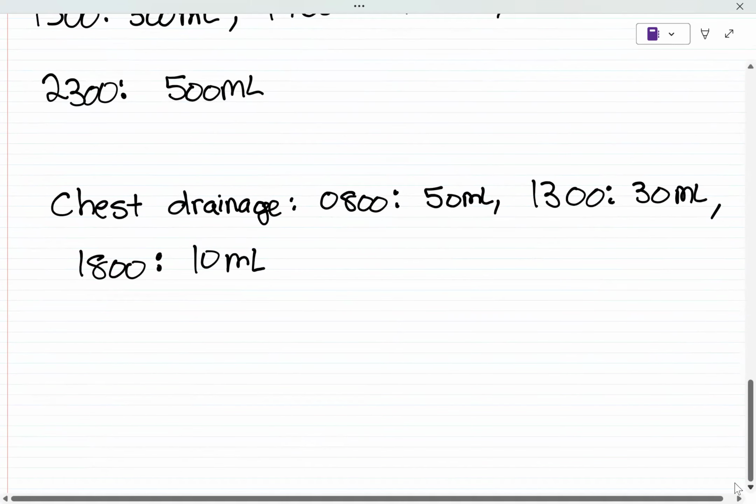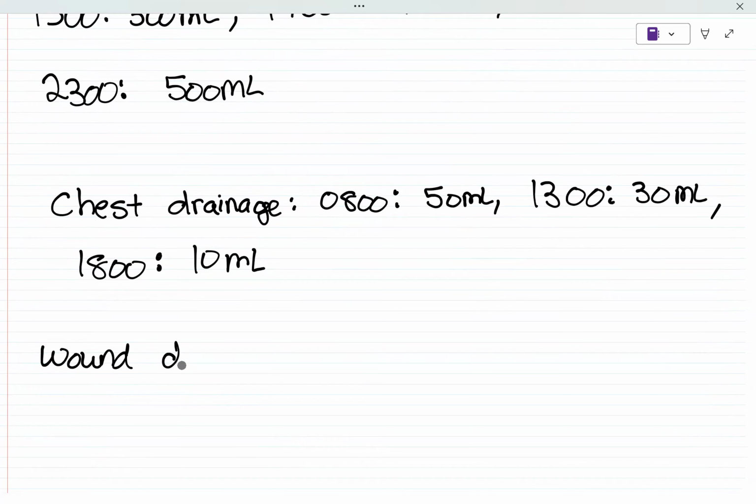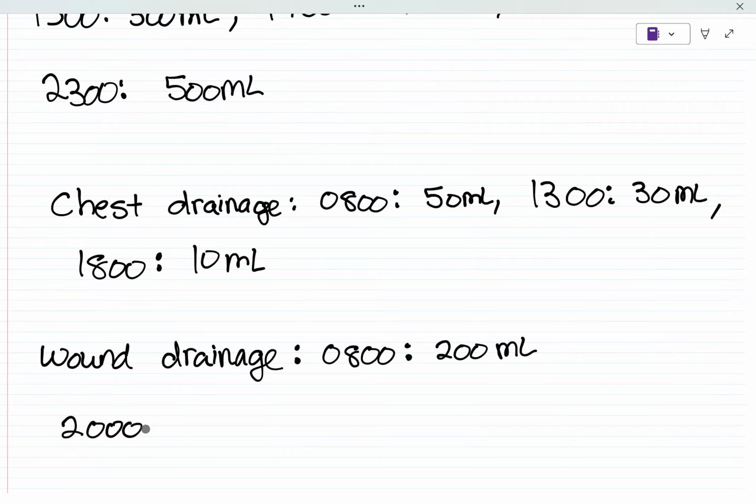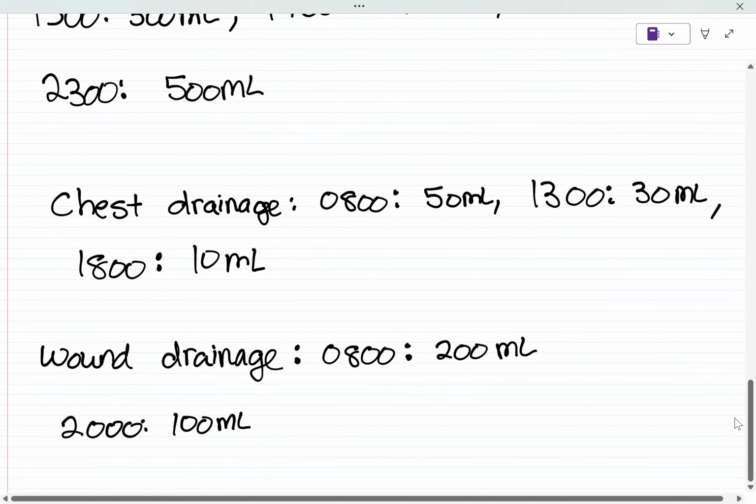And this was also given, wound drainage: at 0800, there is 200 milliliters, and at 2000, there's 100 milliliters. Okay, so this is all given.